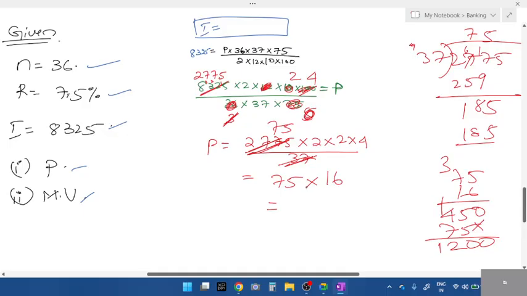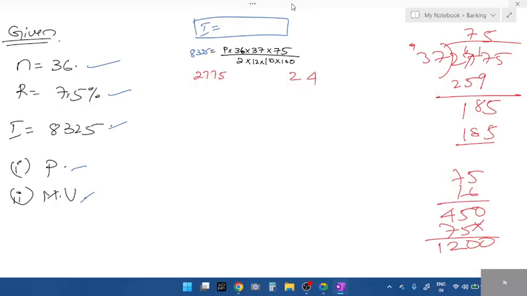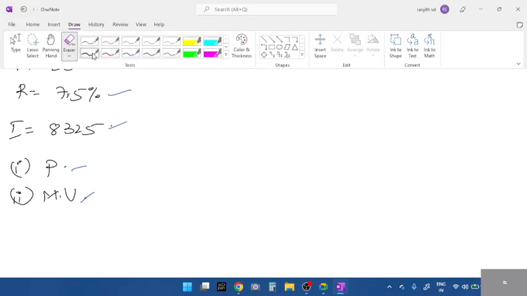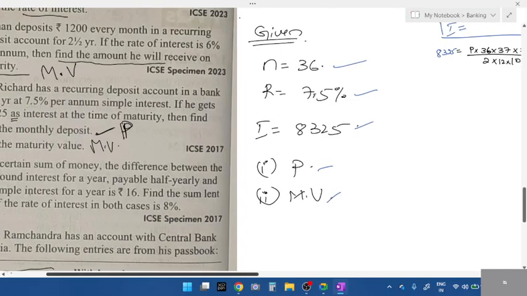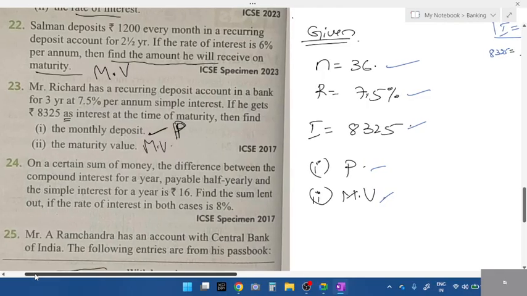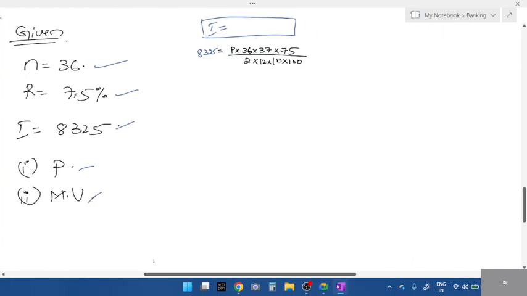Was it 1,200? All of you respond. Was it 1,200? Principal was 2,000? Okay. Where did I go wrong? Let me check the values. N is equal to 36. 8325 is correct. 75 is 8325.